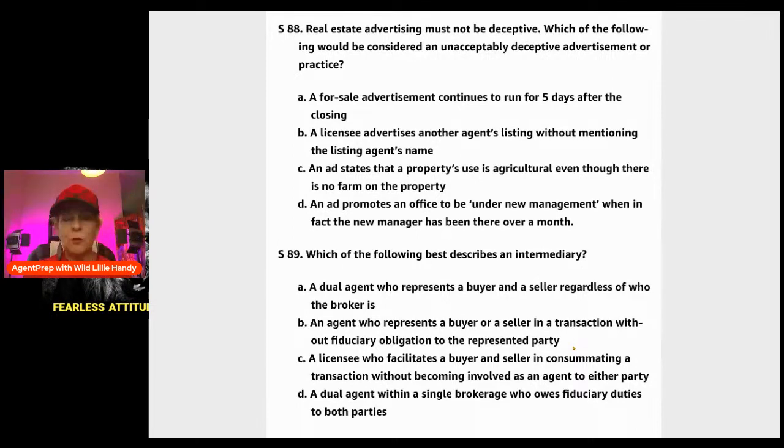So intermediaries are essentially transaction facilitators who do not represent either party from the standpoint of owing fiduciary duties. The parties are represented by the broker's associate, so the clients are represented. However, the broker is like a neutral party that cannot advise or negotiate for them.